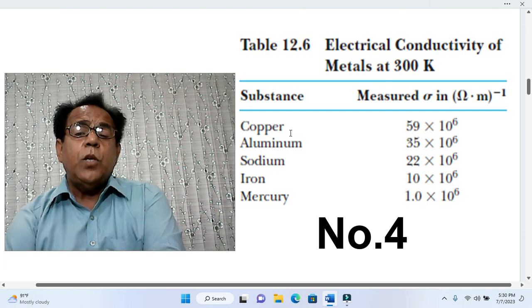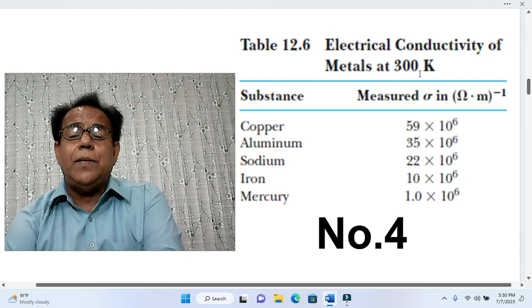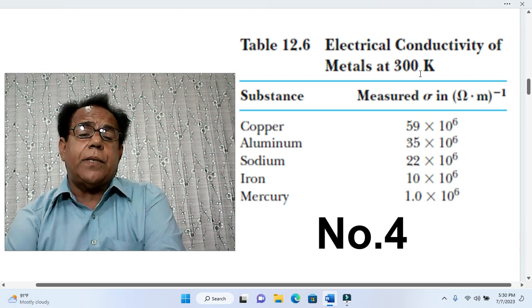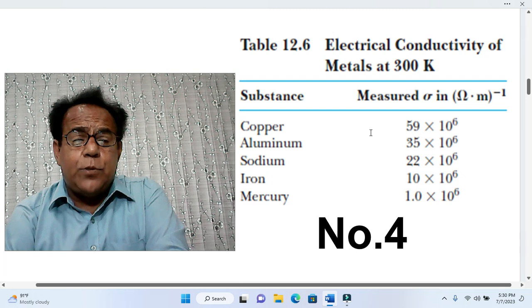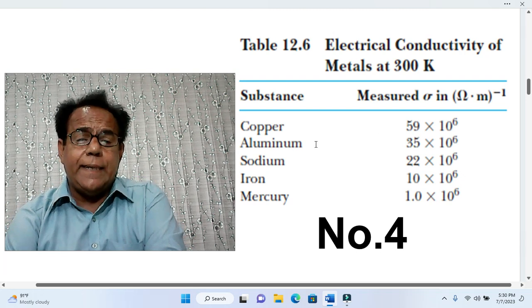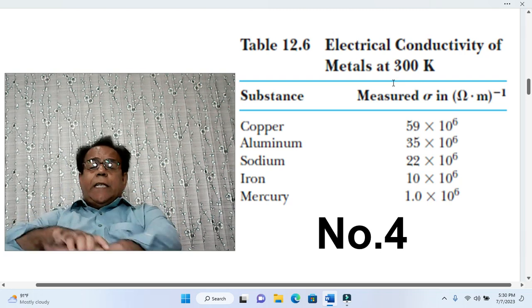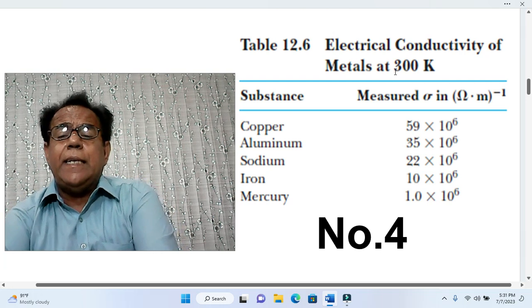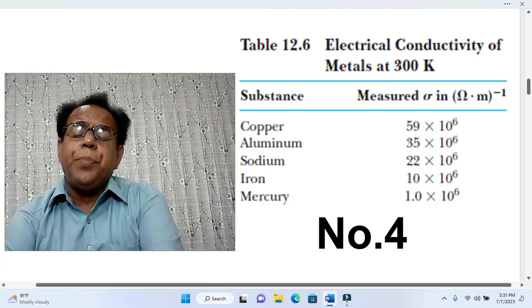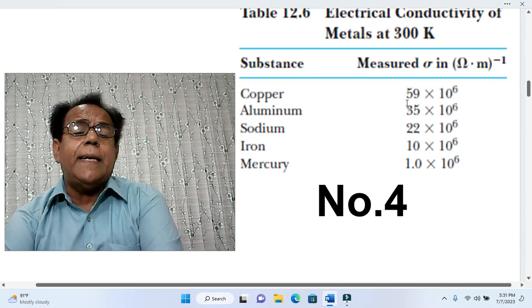We can assume that this temperature, 300 Kelvin, is for our facility room temperature. If we assume room temperature as 20 degrees centigrade, its result in Kelvin is 293.15, which is very close to 300. So this temperature, 300 Kelvin, indicates room temperature.